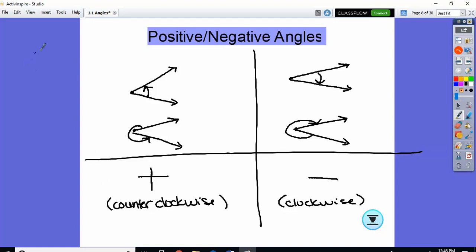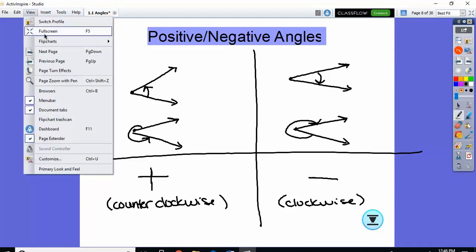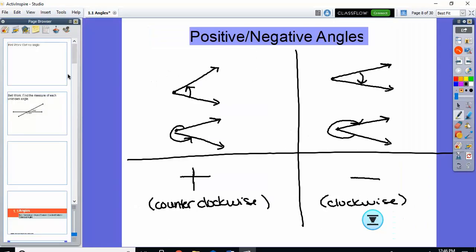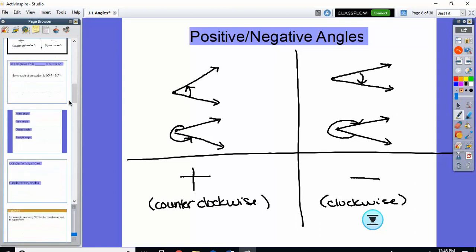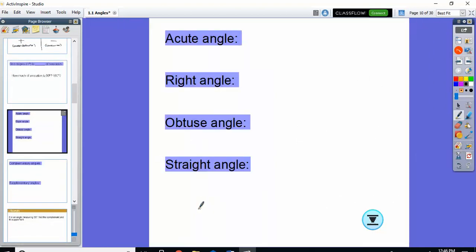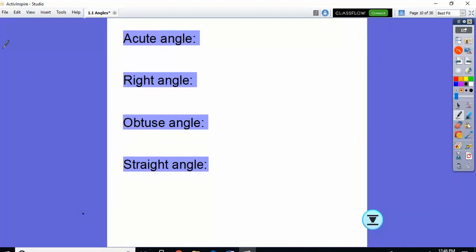Without reading on the paper, let's see what we remember. What is an acute angle? So something like this would be an acute angle. The measure is, you said, less than 90.